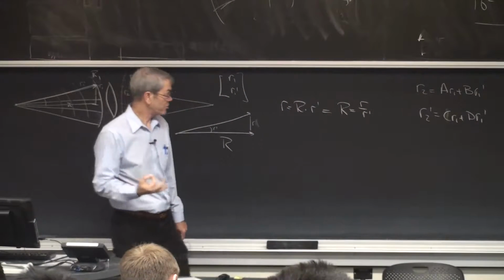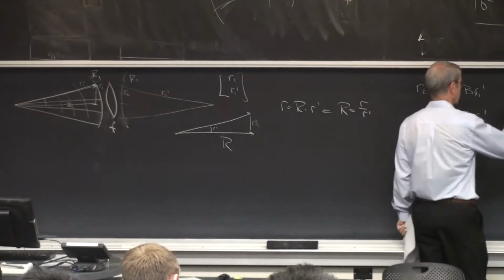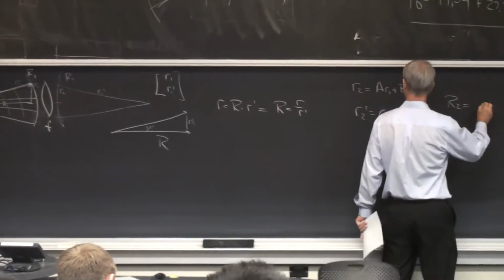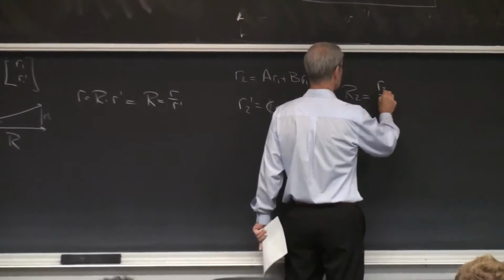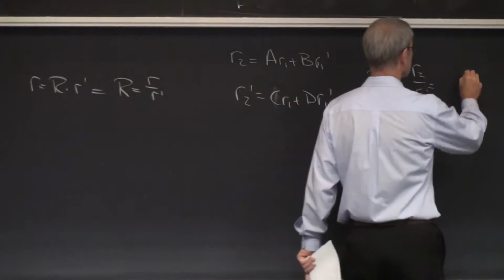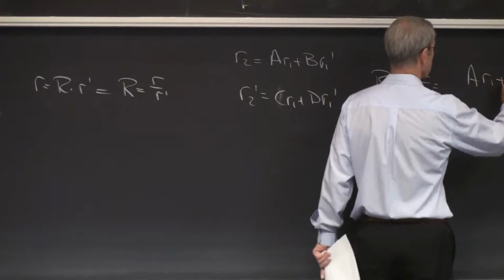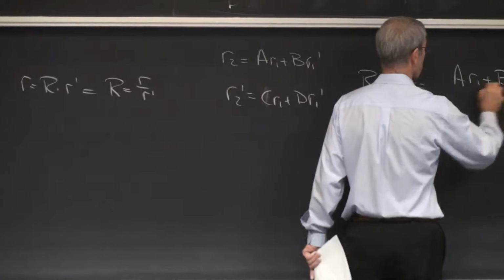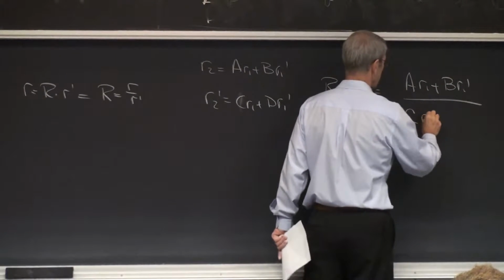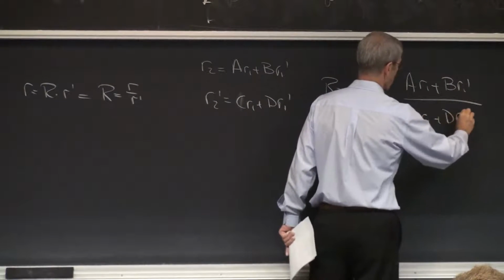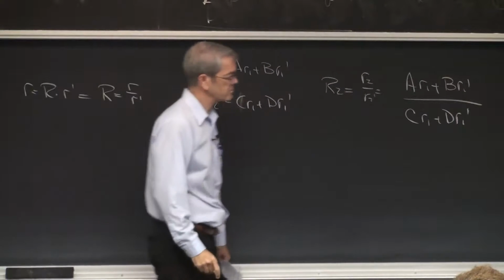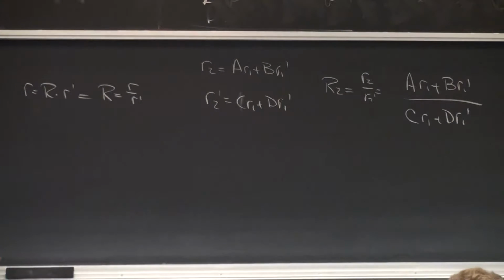But the radius R2 equals R2 over R2 prime, and that equals A R1 plus B R1 prime divided by C R1 plus D R1 prime. Now I'm going to divide top and bottom by R1 prime.